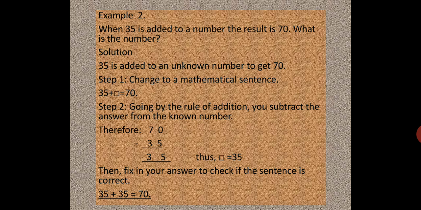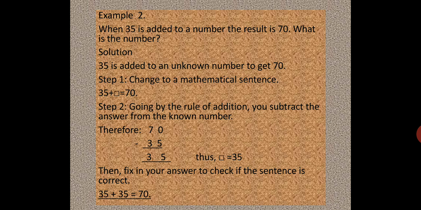So you have 35 plus box equals 70. Second step is going by the rule of addition. You subtract the known number from the answer.